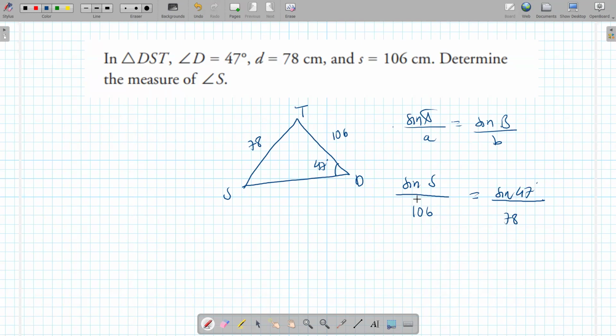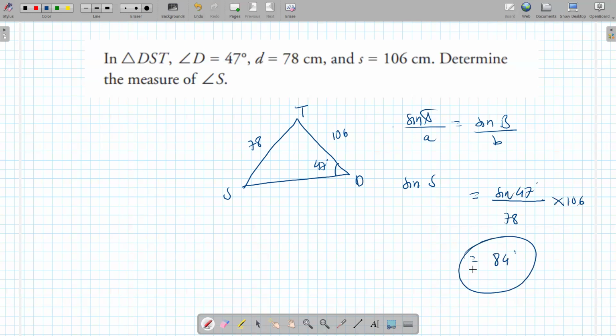So here to solve for S, step one, you're going to multiply both sides by 106. So that 106 disappears. And then what do you do if you want to solve for S? You do the inverse. So it's going to be sine 47, which is 0.73, times 106 divided by 78, and sine inverse of that is 84 degrees.